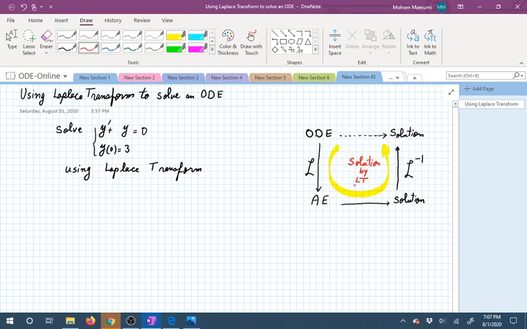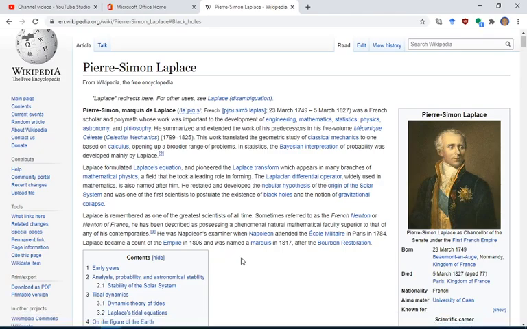By the way, we hear about the name of these scientists quite a bit. It's good to go and look up their lives and see what did they do and what opinions they had and so on. Laplace was a French mathematician, physicist, philosopher, so you can read about his life, of course, online. Very interesting contributions in many areas.